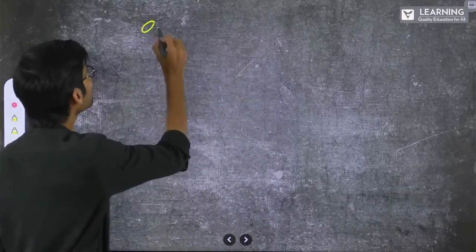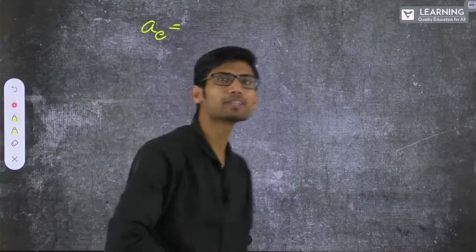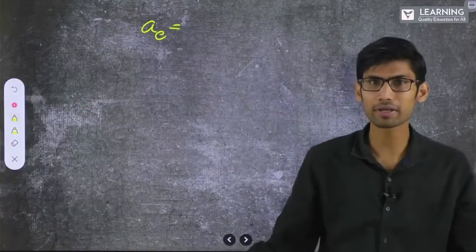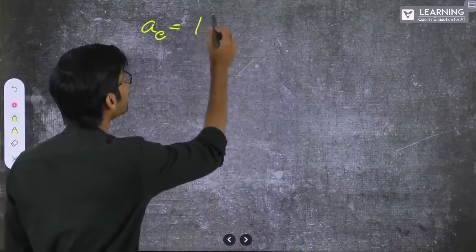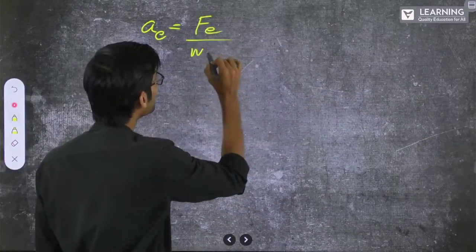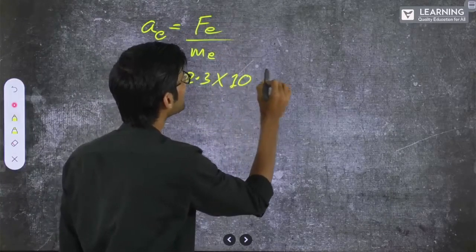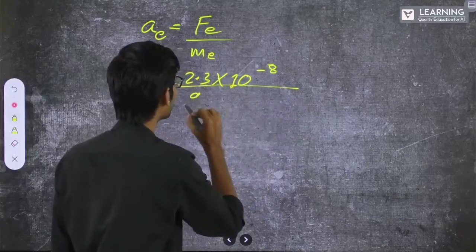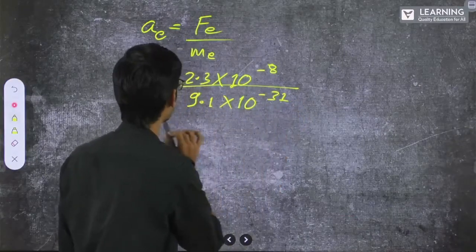Acceleration of electron will be force on electron divided by mass of electron. As simple as that. And force on electron is the electrostatic force. So this will be 2.3 into 10 power minus 8 divided by 9.1 into 10 power minus 31.